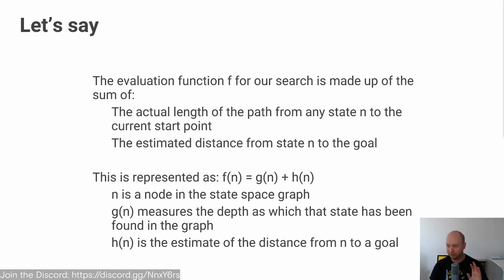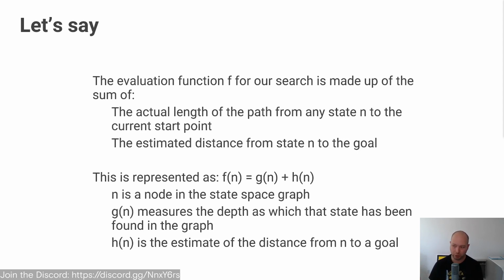So h of n is, from the node, your estimated distance to the goal, and g of n is the depth at which you are. So f of n is actually trying to estimate the final distance from the start to the end, which is composed of two parts: the distance you've already gone to get to that node, and the estimated distance from that node to the target goal.